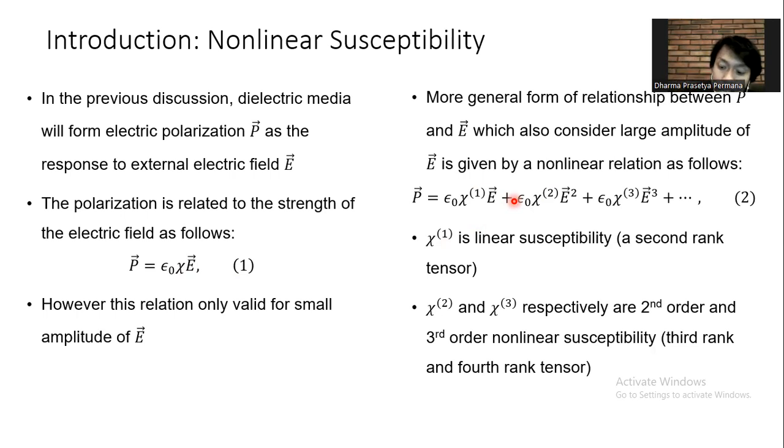The higher orders require a much larger power or intensity of light, and the higher the order, the less likely it will happen. So the possibility of this process being triggered is relatively small, and we only talk up to the third order interaction.